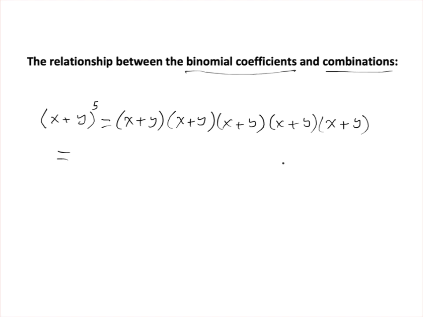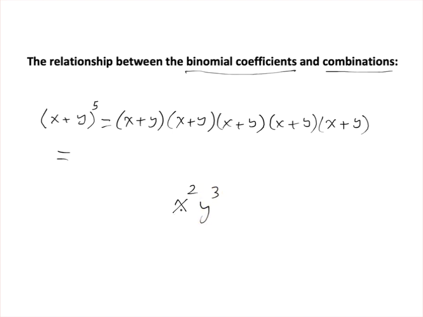And the powers are clear. We know the highest power of x would be 5. The highest power of y would be 5. And the total should also be 5 because there are only 5 factors. So the question is, for example, if I want at some point x squared y cubed.